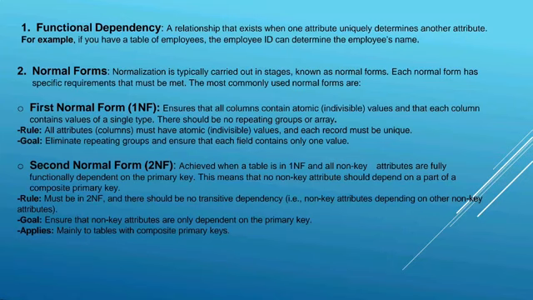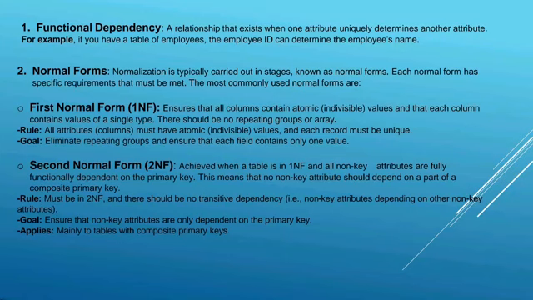Second normal form, 2NF, achieve when a table in a 1NF and all non-key attributes are fully functionally dependent on the primary key. This means that no non-key attribute should depend on a part of a composite primary key.